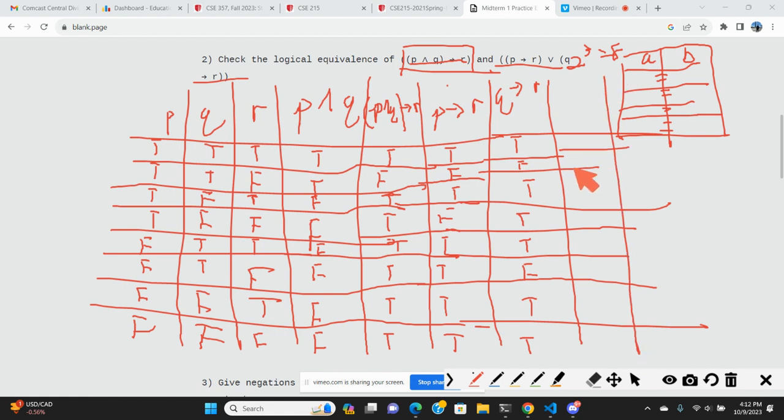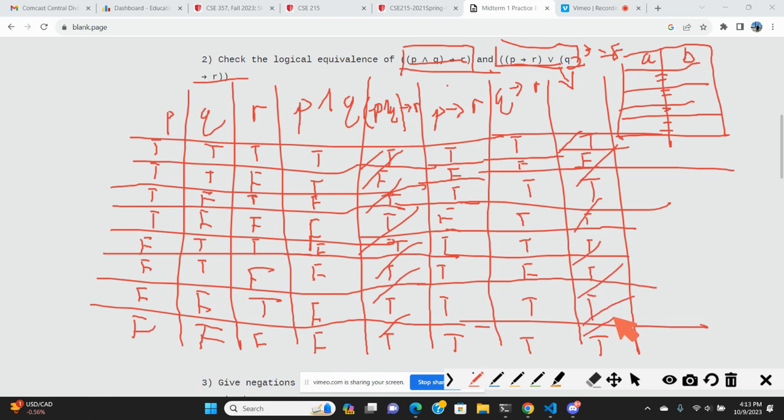So in this case, we have true or true is true, false or false is false, true, true, true, true, true, and true. And this is this part. So now we consider all the values in these columns and check if every corresponding row lines up.